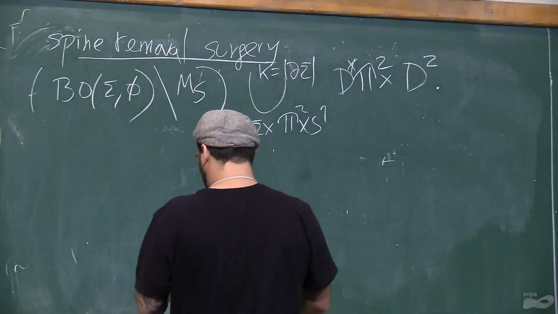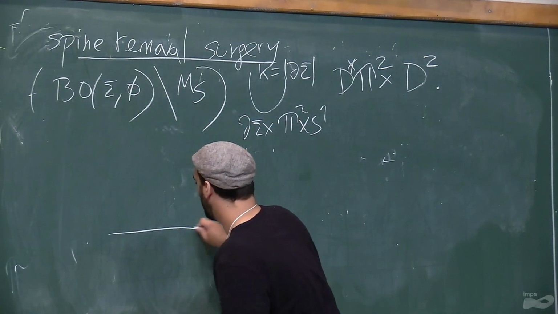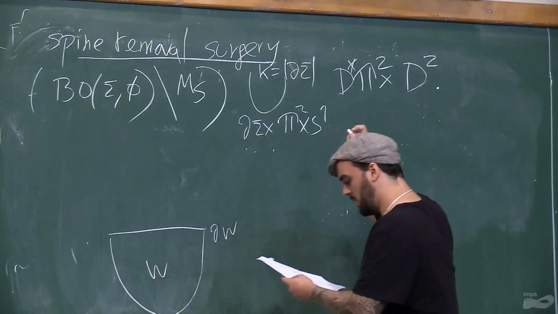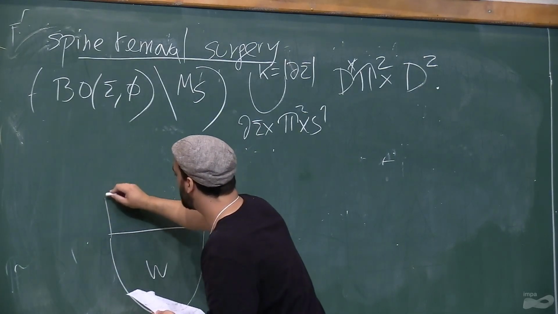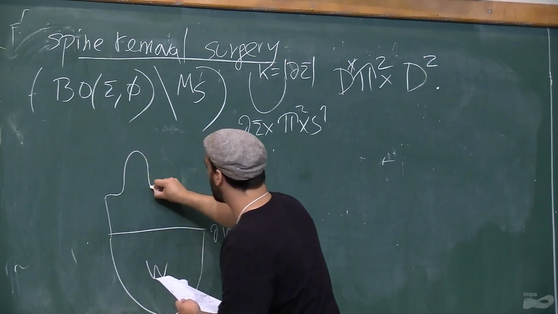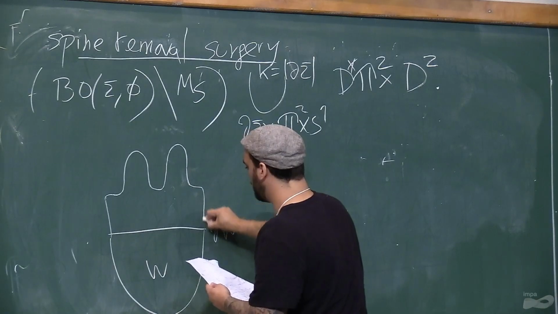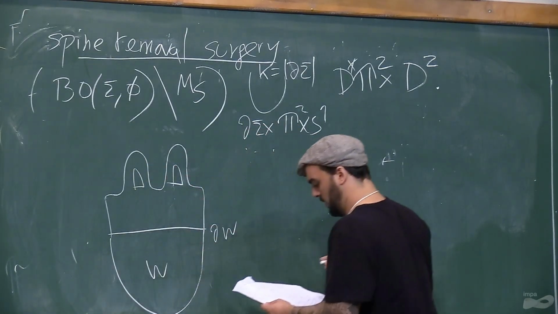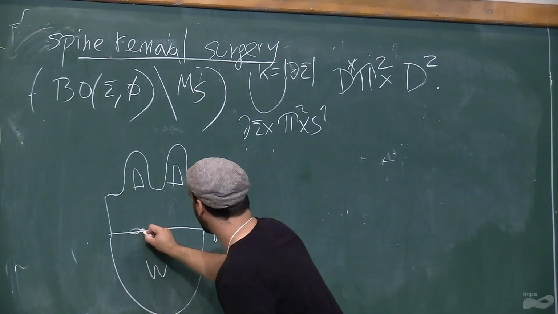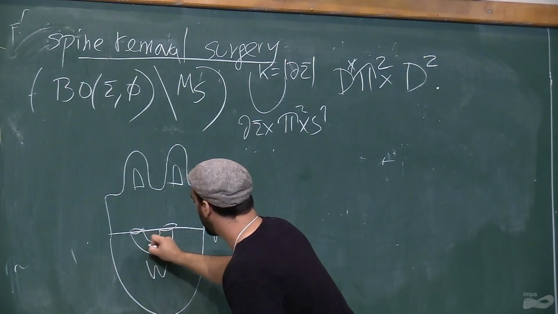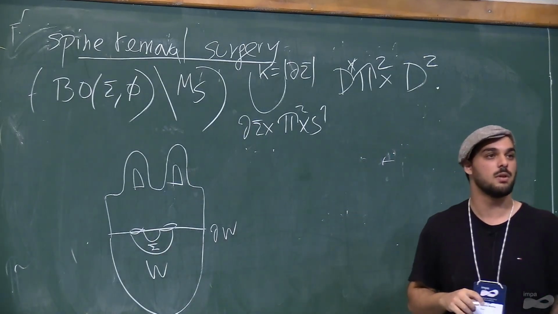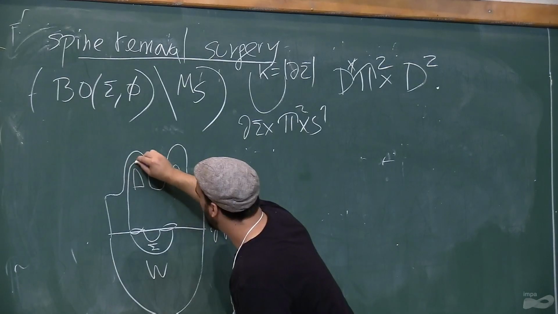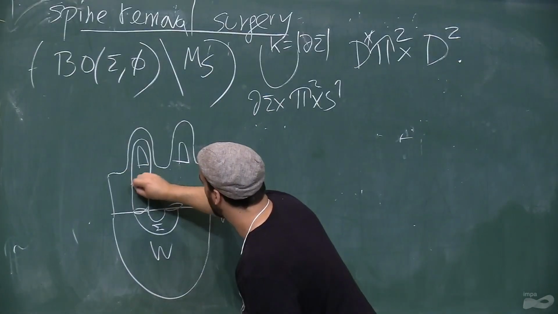So the picture is something like this. You have your filling, W. Here's your Bourgeois manifold. And then you're going to attach a bunch of handles, as many as boundary components of your page. So here's your page sigma, and I'm going to push it into the filling. Let's say we have a cylinder, just for the purposes of the picture. And now what you basically do is you cap those pages with the cores of the handles.